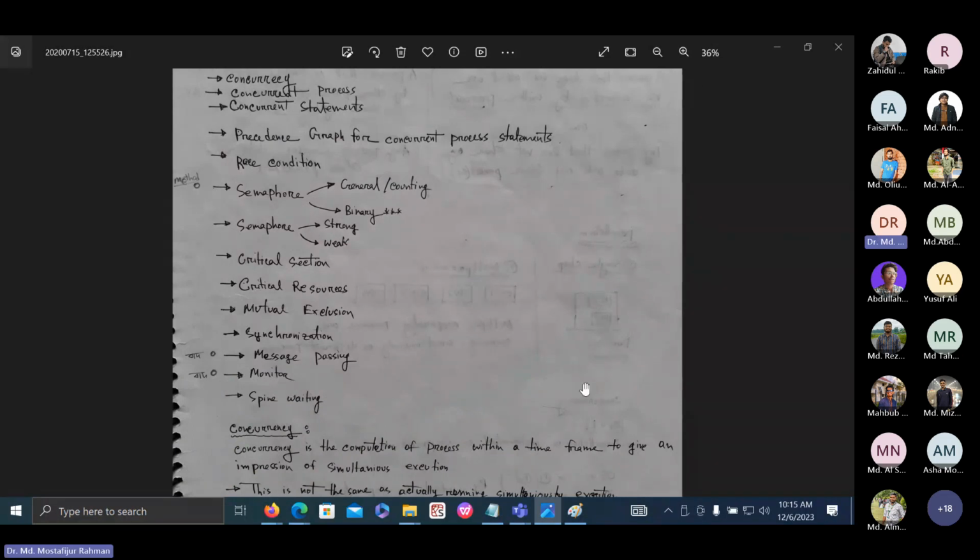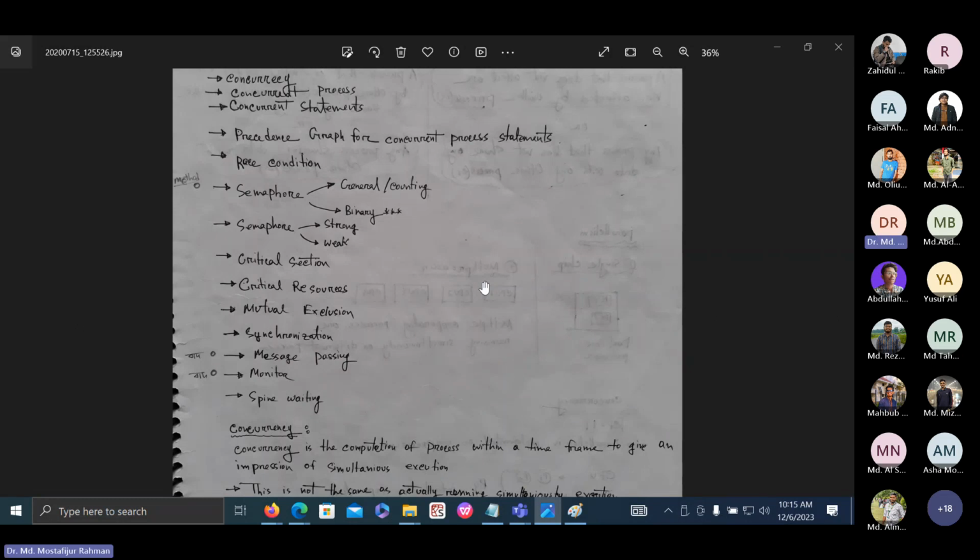The race condition. Yesterday I told you about the race condition, based on our human understanding. If we go first and reach a destination, we call him the winner, and if anyone goes behind the first person, we call him the loser, that means the second person, right?